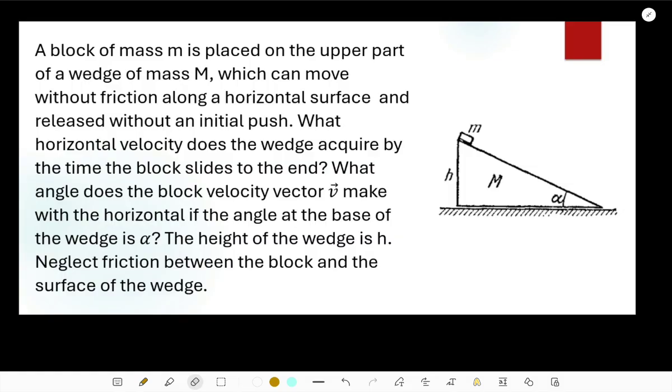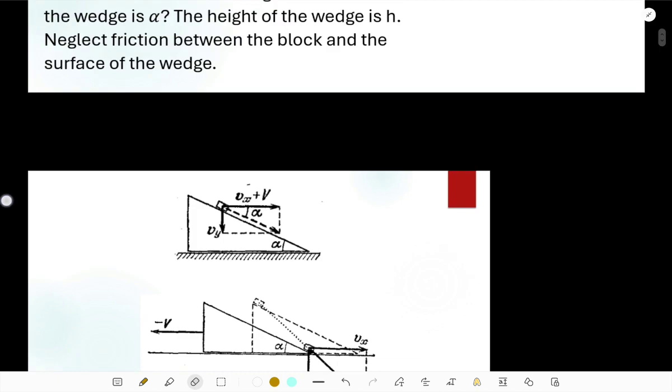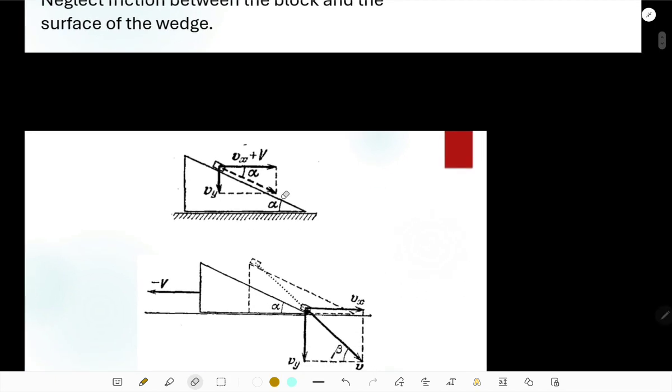I would suggest, I guess I should have a picture. Yes, there is a picture. You can see the first picture here.